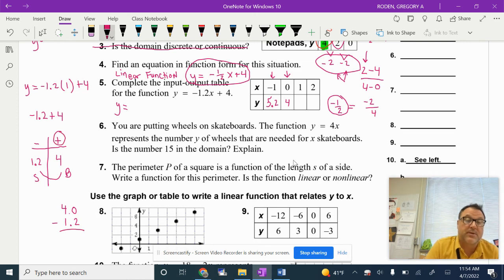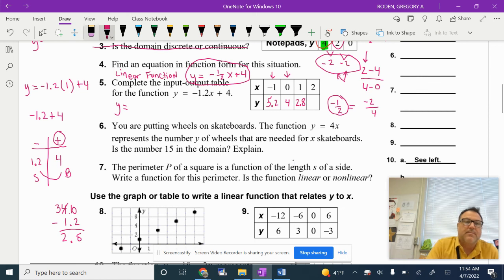So I know my answer is going to be a positive number because 4 is bigger than 1.2. The positive wins. So I'm going to have to borrow here. This becomes a 3. This becomes a 10. 10 minus 2 is 8, and 3 minus 1 is 2. So I'm coming up with the number 2.8. So I'm going to put a 2.8 in this box.